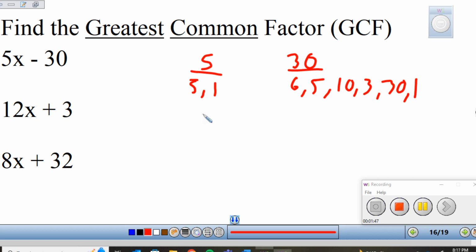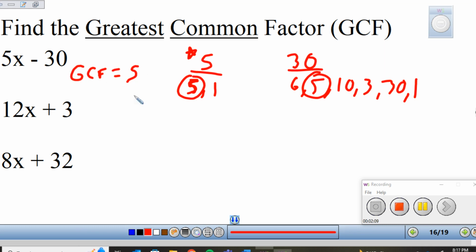Now we look for the highest common factor between the two terms. You can see with 5, the highest factor is going to be 5. Now if we can find that same factor for 30, then we can figure out that that is the greatest common factor, which is 5.